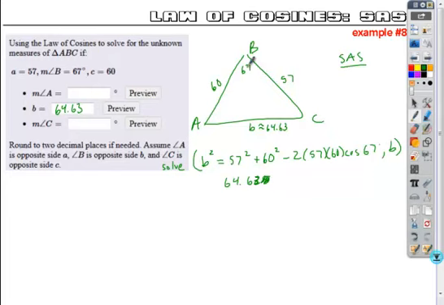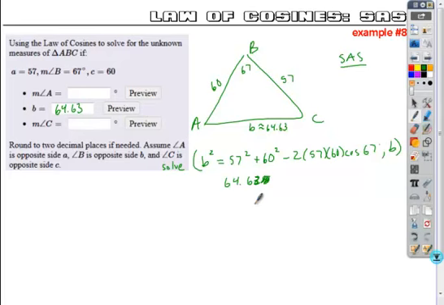So in this case, it doesn't matter which angle you find first. However, if this side length had been 67, then A would be the largest angle. Do not use law of sines to find the larger angles. Always use it to find the smaller ones.